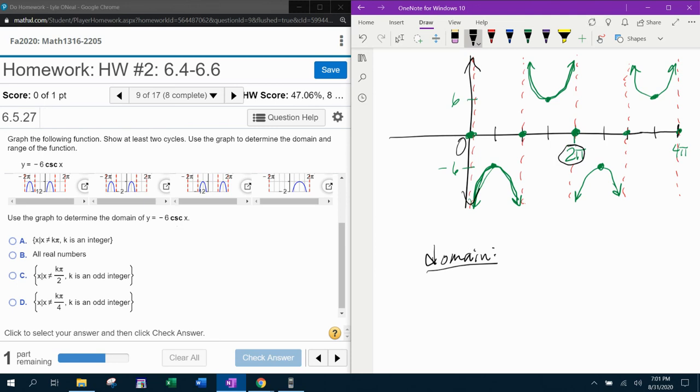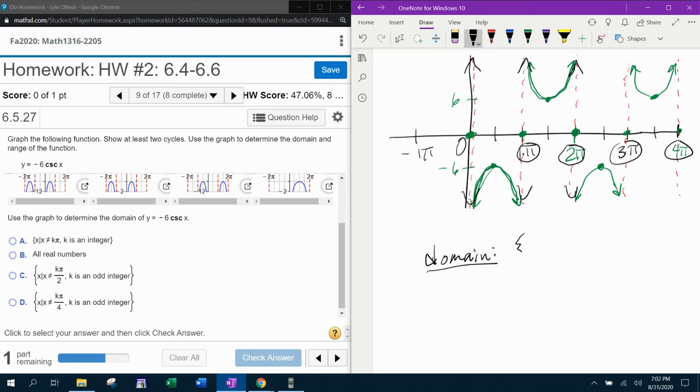And then if this is 2 pi, halfway back would be 1 pi. There's an asymptote. And then an asymptote at 2 pi, and at 3 pi, and at 4 pi. So if I put a 1 here, you're going to notice that there's an asymptote every integer multiple of pi. And that would be the same if I go backwards.